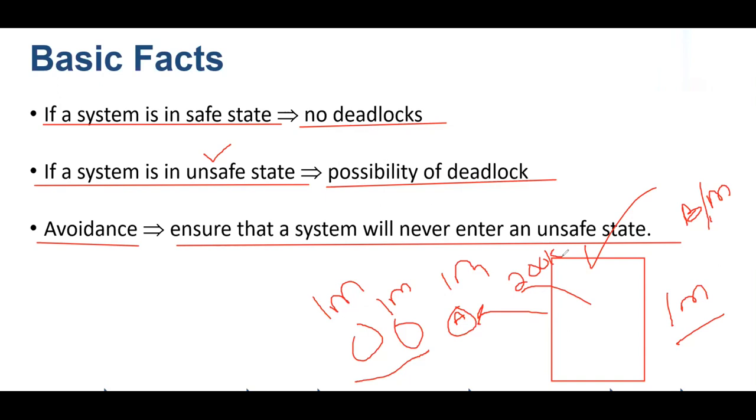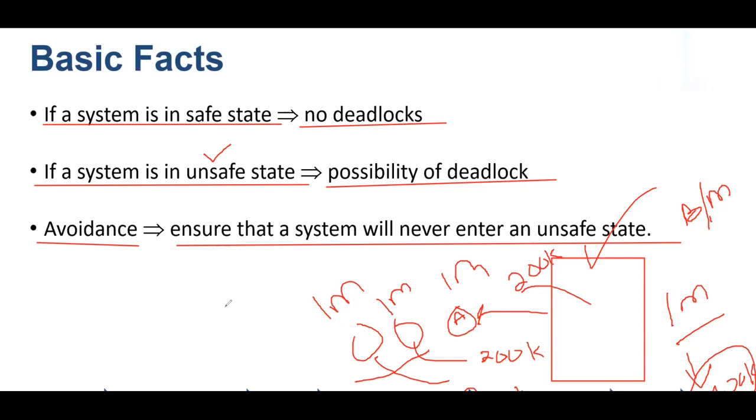So we will give you some amount and you can use it. And the same for this one. See, if the bank manager gives them 200K, it means the system will still have 400K with itself. The system remains in a safe state.